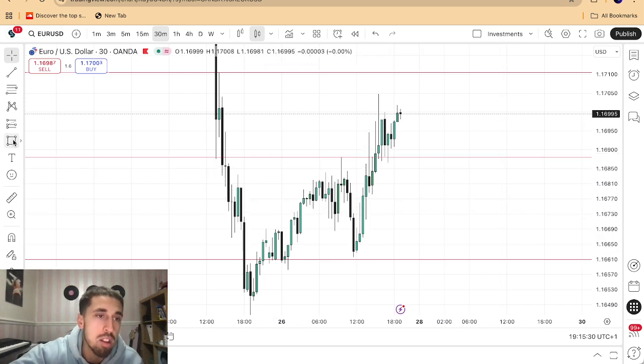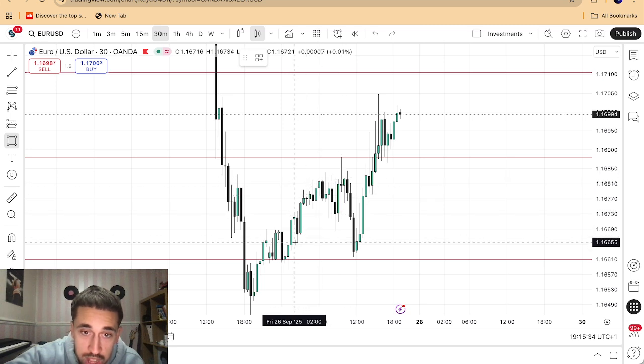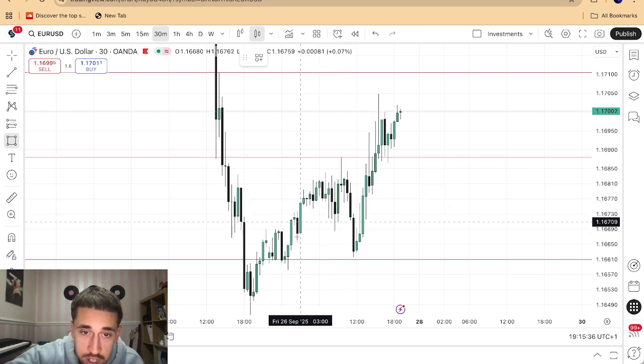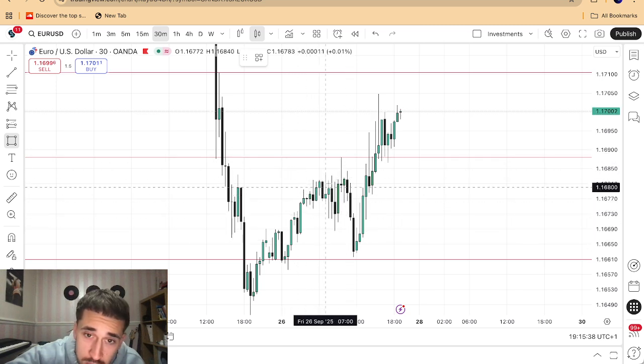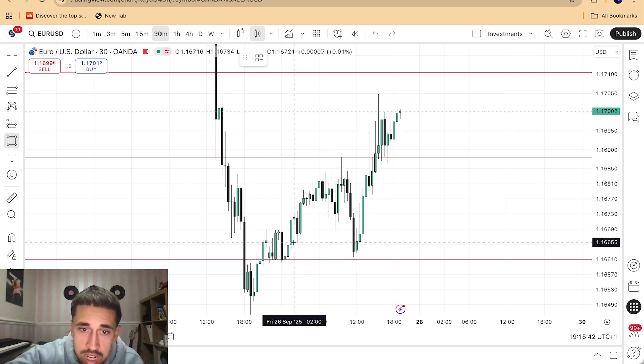And then the AMD that I noticed was right here. Between that low and this high, we'd accumulated, we'd slowly built up. We got old highs here and then some lows there.